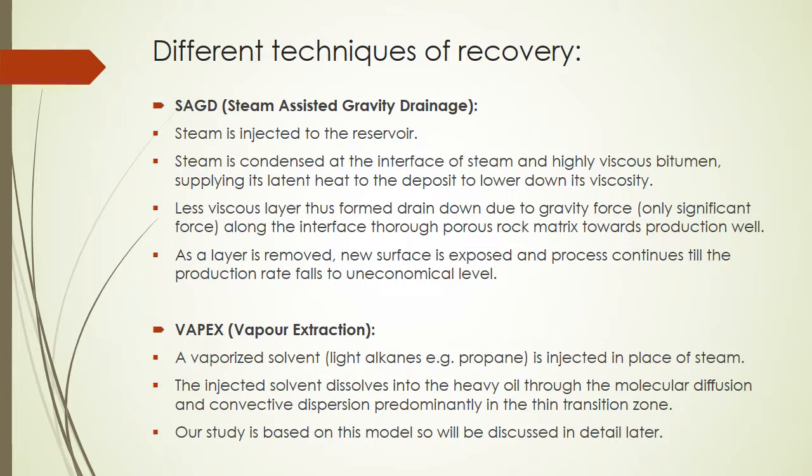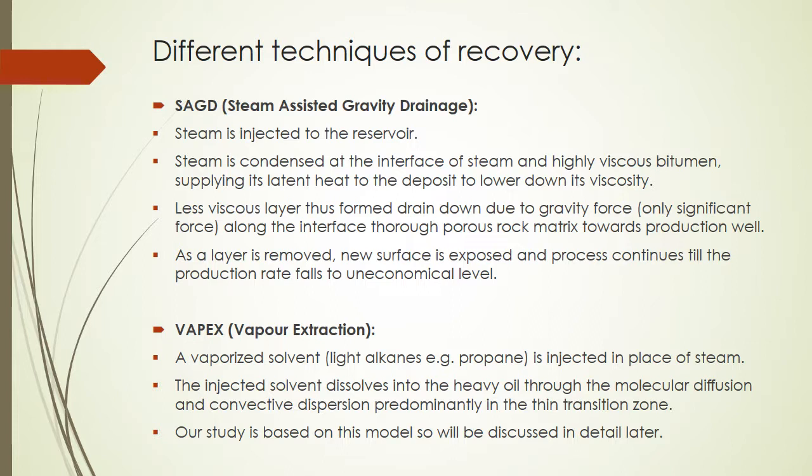The less viscous layer thus formed drains down due to gravity along the interface through the porous matrix. As the first layer is removed, a new layer is exposed to the steam, and this process continues until we reach an uneconomical level. Another process is VAPEX, vapor extraction.